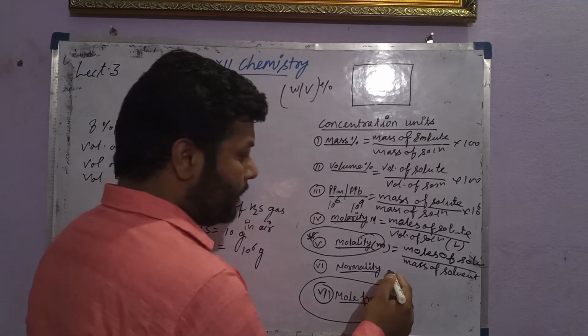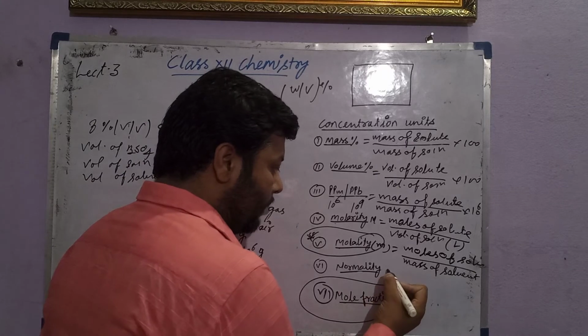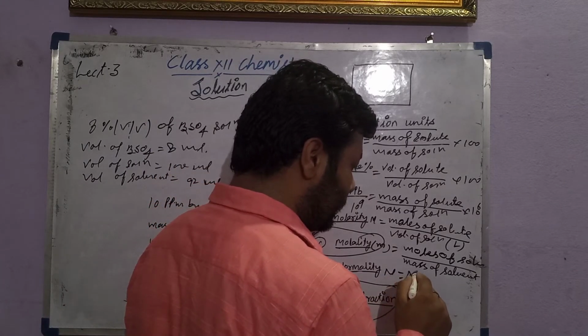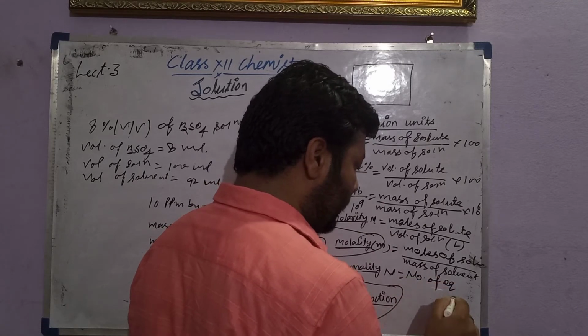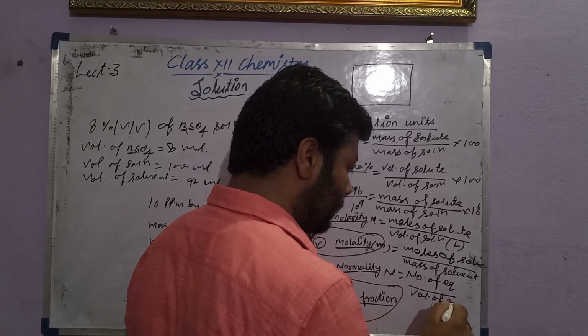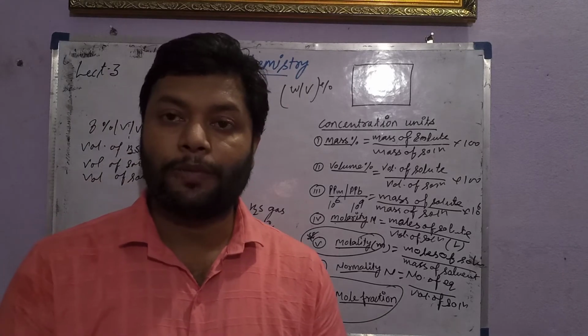Normality is indicated by capital N and explains the number of gram equivalents upon volume of a solution.